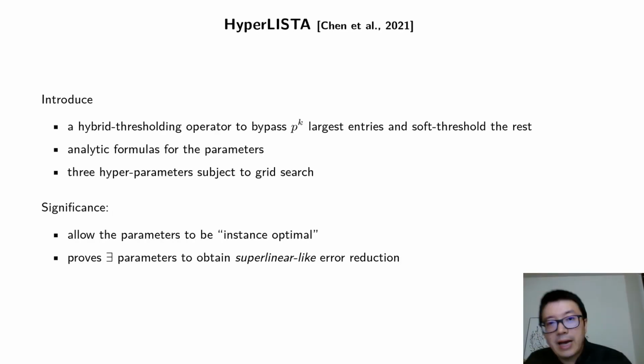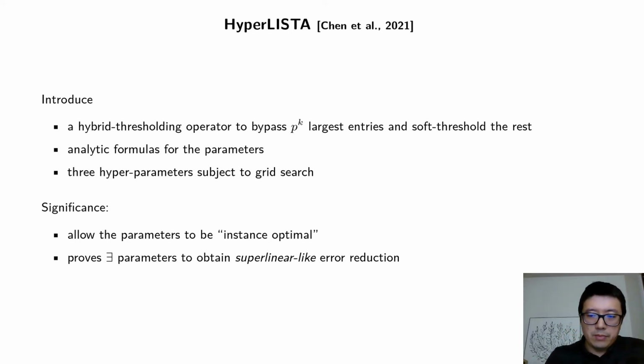So HyperLISTA actually says, well, we can do better than linear convergence by making further changes. Here are two changes. First, you have to replace soft thresholding with a support-selection kind of soft thresholding. We call it hybrid thresholding.